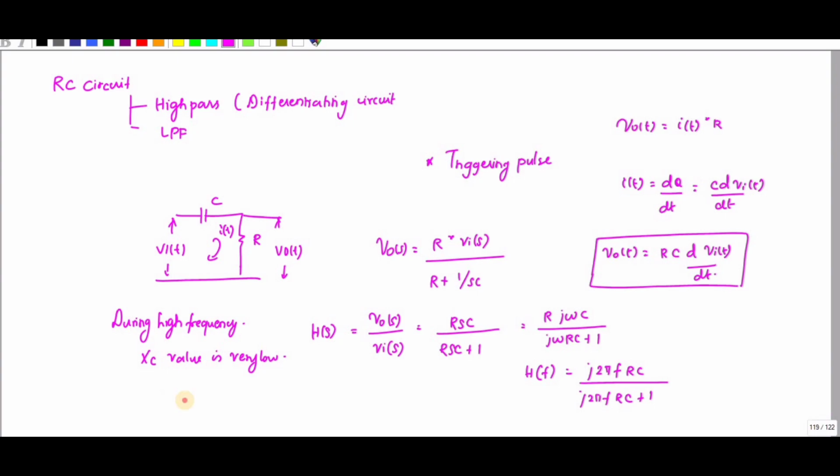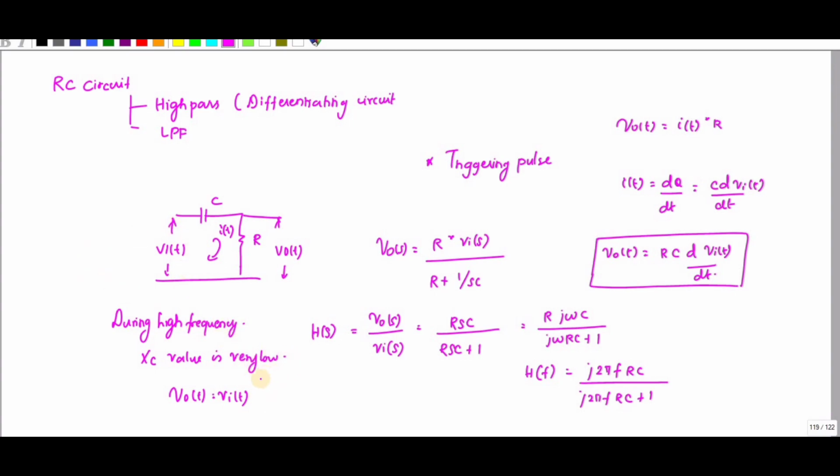So V0 of t is nothing but Vi of t. It is short circuited, right?